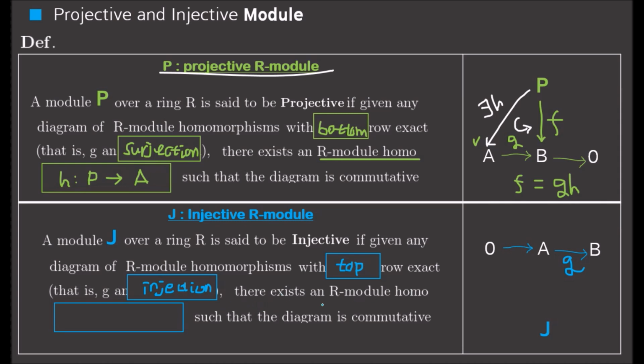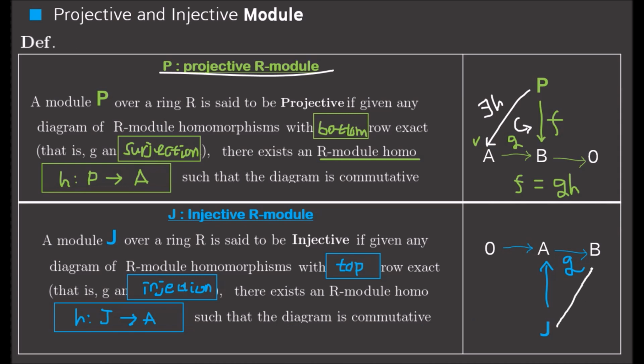Then there exists an R-module homomorphism; in this case the arrow is opposite, so H from J to A. And what does it mean for the diagram to be commutative?